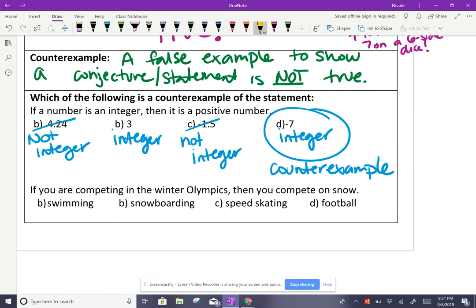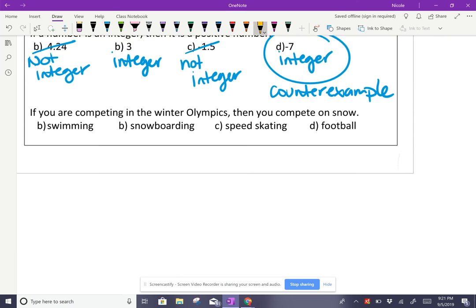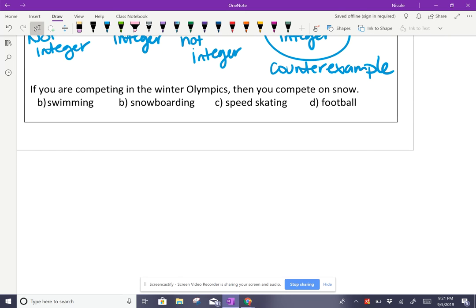So let's look at something a little more real world. If you were competing in the Winter Olympics, so remember Winter Olympics, things that are cold, things that happen on ice or on snow. It's usually involving ice or snow. Then you compete on snow. Well, let's see if that's always true.